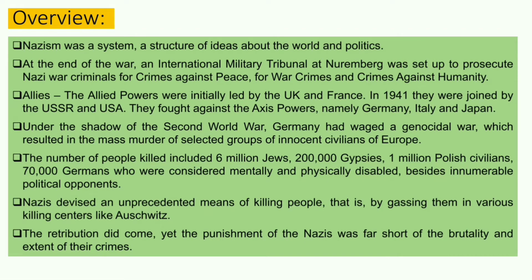Under the shadow of the Second World War, Germany had waged a genocidal war which resulted in the mass murder of selected groups of innocent civilians of Europe. So, genocidal means killing on a large scale, leading to destruction of large sections of people.